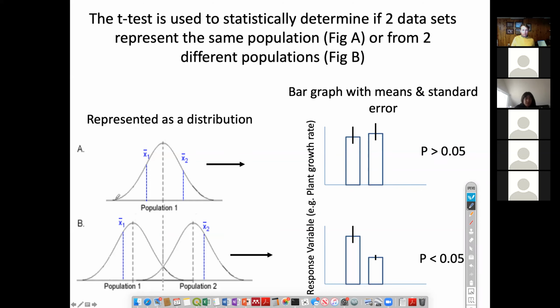As an example, here we have a population, and this is the probability, or the number of the samples, that fall on some value in that population. For us here today, this might be delta 13C.